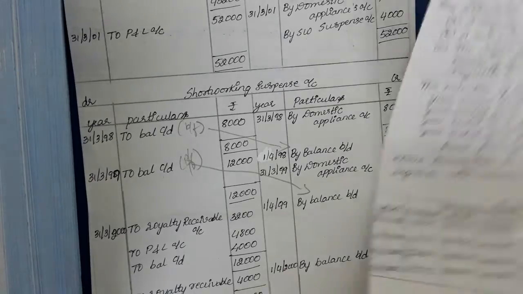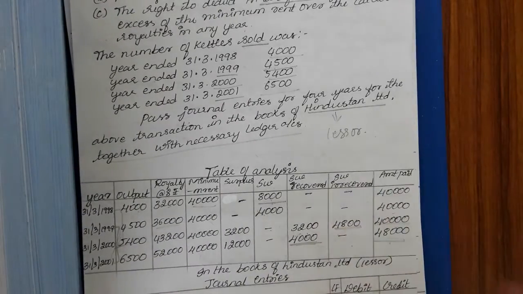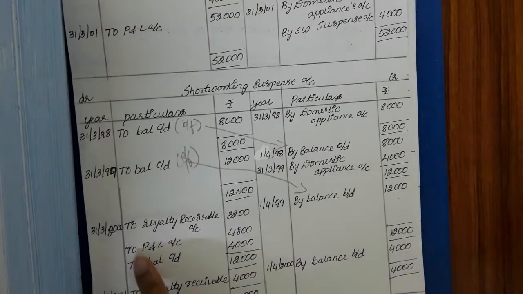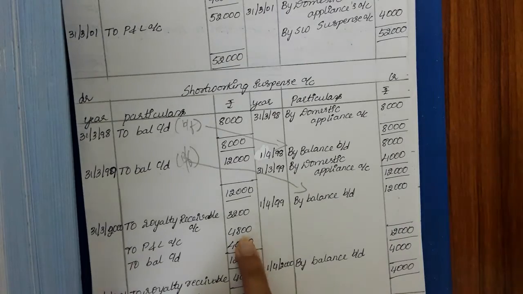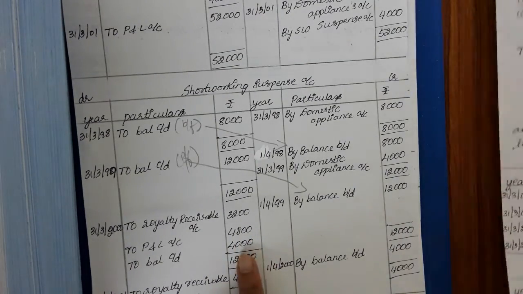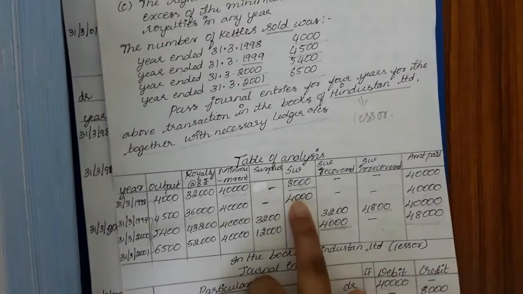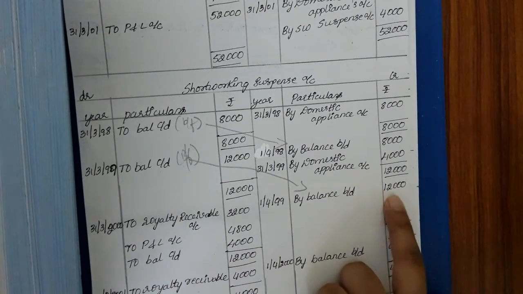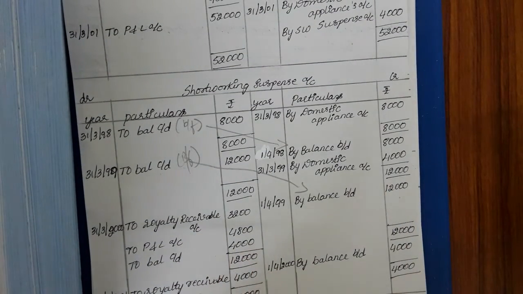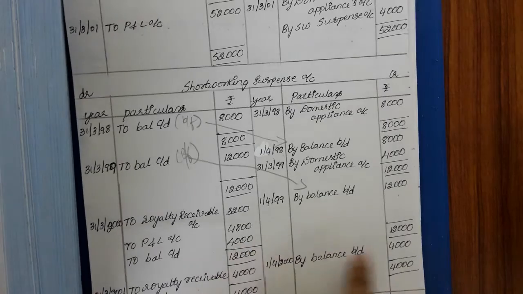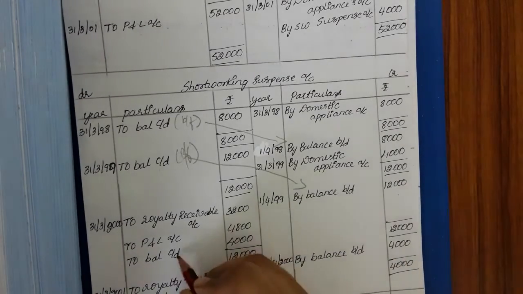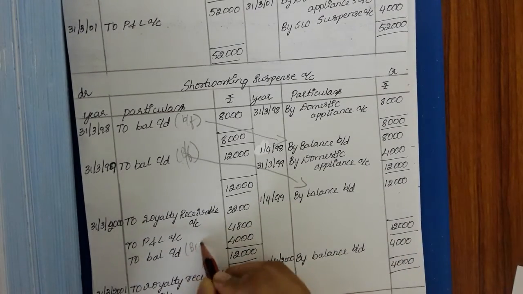And also there was a loss, that was irrecoverability for the lessee, but that is a profit for you, so you are debiting that. So to profit and loss account 4,800, and the remaining 4,000 of the second year, which was included in this 12,000, you have one more year of time for that, so you will be taking it down for the next year by writing balance carried down, the balancing figure.